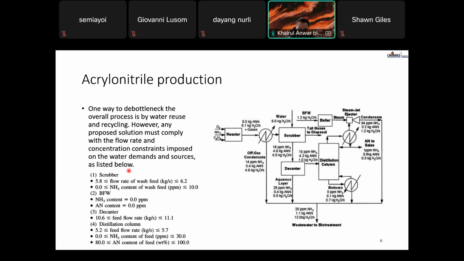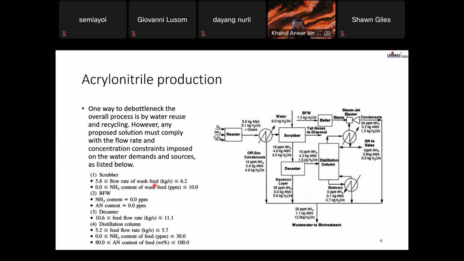Probably we can either reuse or recycle the water, but despite that we need to meet the requirement for the scrubber: flow rate of wash feed between 5.8 to 2 kg per second, while ammonia content of wash feed is between 10 ppm.